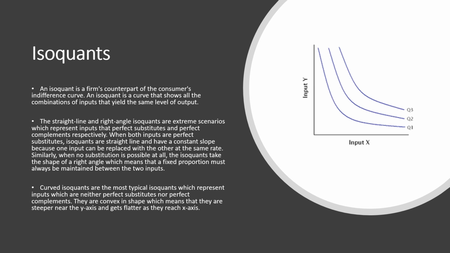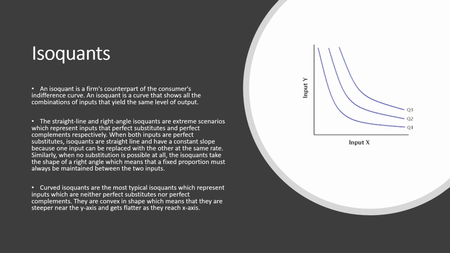Similarly, the right angle is when no substitution is possible. So let's say cocoa beans, for instance. There's no way that cocoa beans will produce tomato paste for Mira. So you can't substitute cocoa beans for the tomato seeds if you want to make tomato paste.